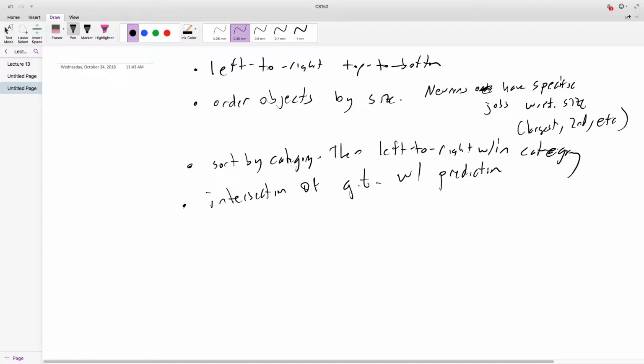If they intersect, or intersect a lot, then that's the match. Okay. All right, I get the general idea. We have some details that we need to work out, but we're not evaluating. Go ahead.